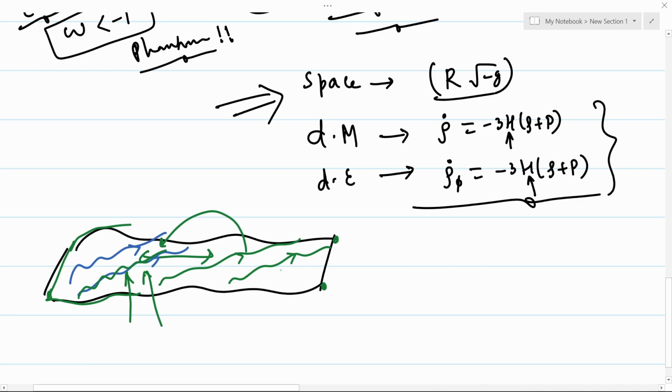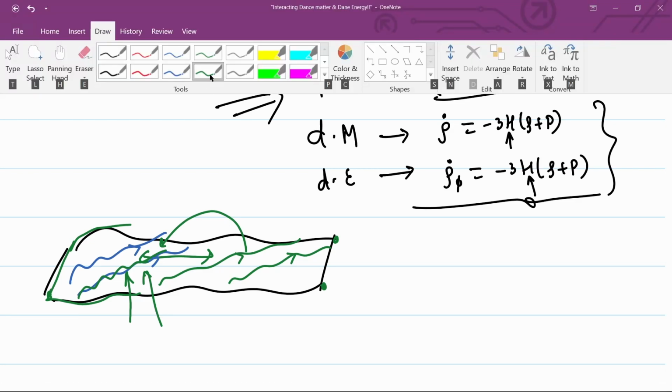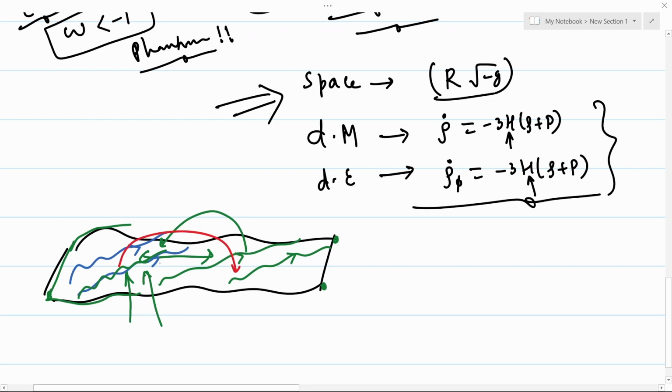So what we can say is that these two guys, they are dark, and maybe they have some kind of direct connection. So what we can do here is keep this form like this. Here is S_m and here is S_phi, the field equation, and we introduce some other parameter, and it has some component of dark matter and dark energy.